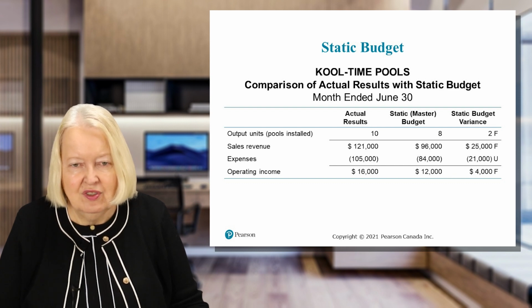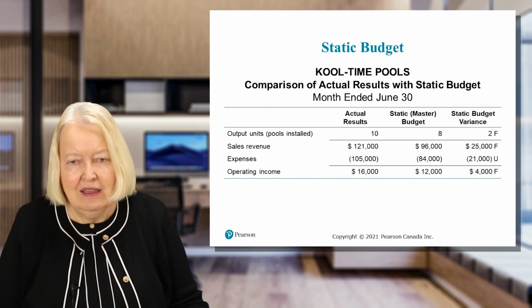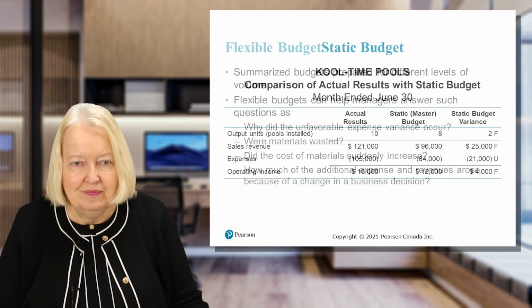And then, of course, your sales revenue would obviously improve because you sold more units. And of course, if you're selling more, your expenses are going to go up as well because you've got to make the extra 2 pools. So overall, because your sales were higher than you had predicted when you set your budget, the operating income ends up being $4,000 favorable.